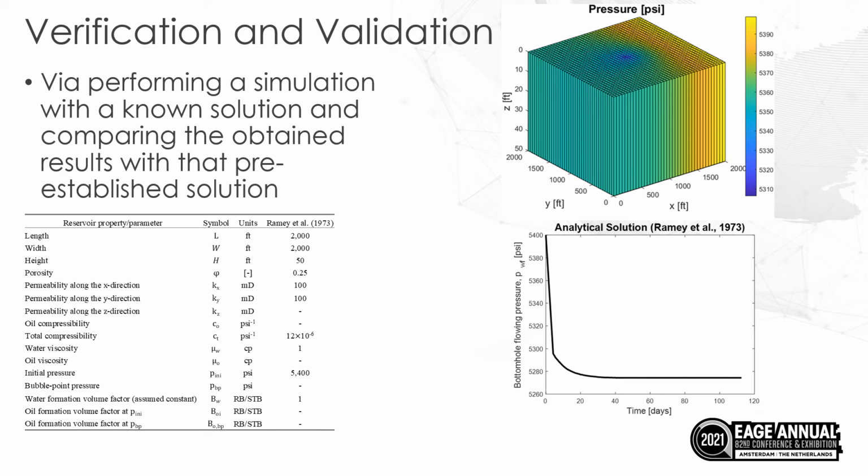Dr. Ramey, a professor at Stanford at the time, analytically calculated the values of the bottom hole pressure for the first 115 days and published that. So I was able to run my simulator and compare my results to the established solution of Dr. Ramey and see how well it matches.